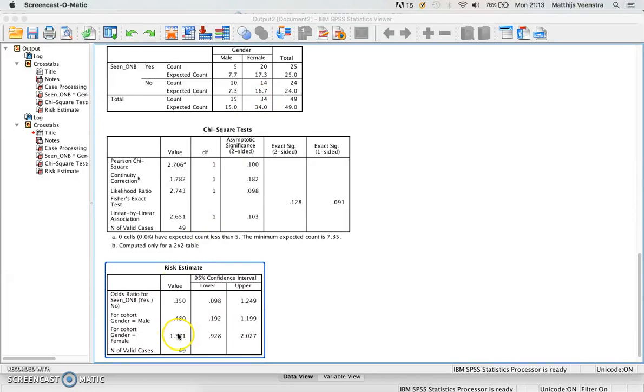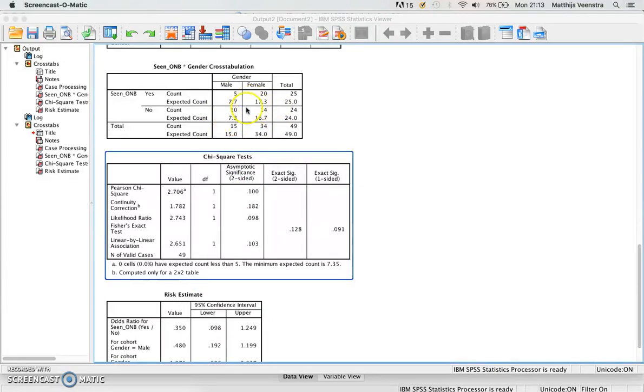But interpreting these kind of values and reporting them only makes sense and is indeed very valuable, but only if this is significant. Otherwise, these are just descriptive statistics, and you can't generalize them to your population. So in this case, this isn't that valuable actually to say something about all males and females in our target group.